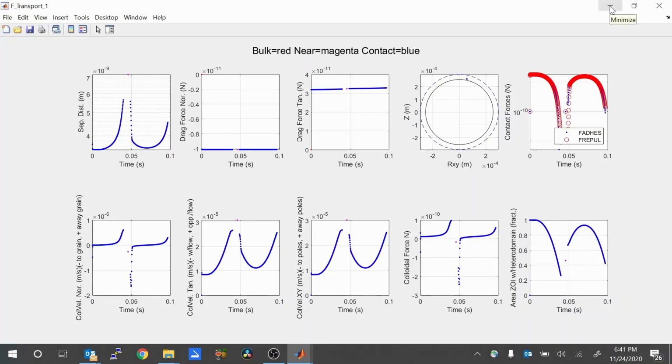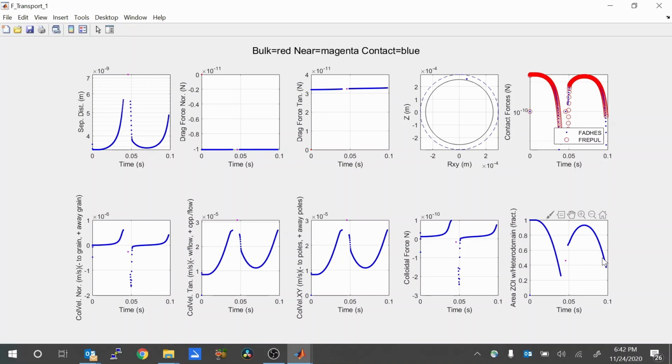Okay, well, this colloid has now progressed across the second heterodomain, and notice that it went through a maximum fraction of the ZOI encompassed or covered by heterodomain of about 0.9, and it was less than the previous heterodomain because the colloid did not go as close to the center of that heterodomain, and so it couldn't fill as large a fraction.